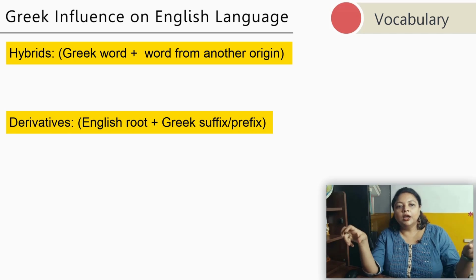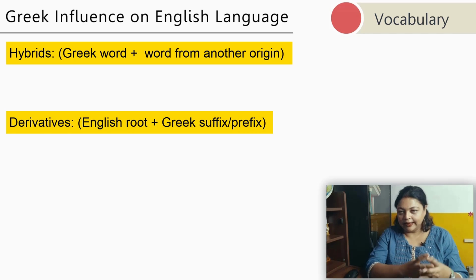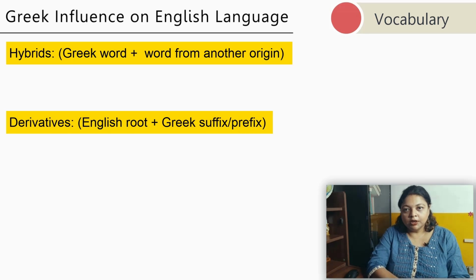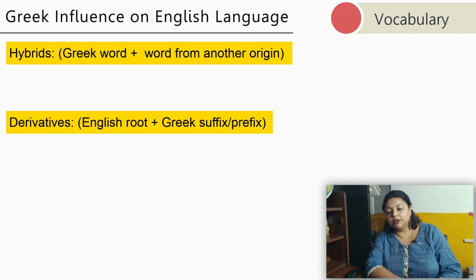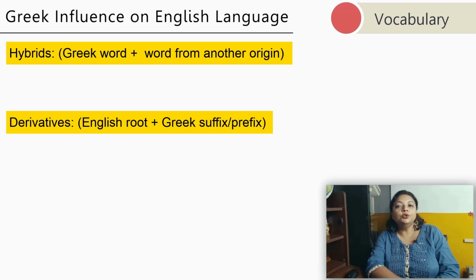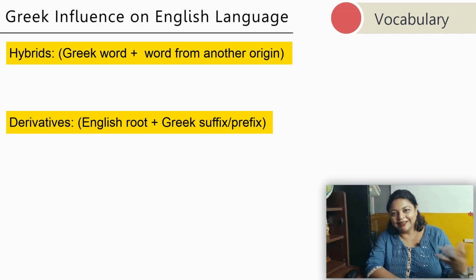So you are putting together two different kinds of words and you're forming a new word, that is hybrid. Or you can have it through derivation. So hybridization and derivation, these were the two tools in the hand of English people to absorb Greek influence.